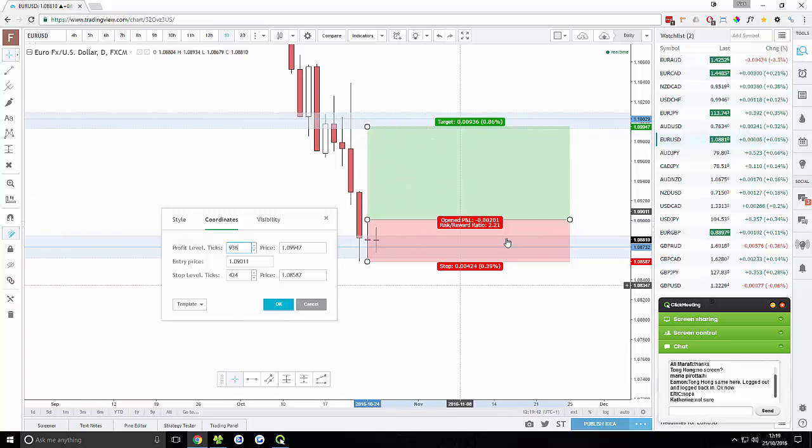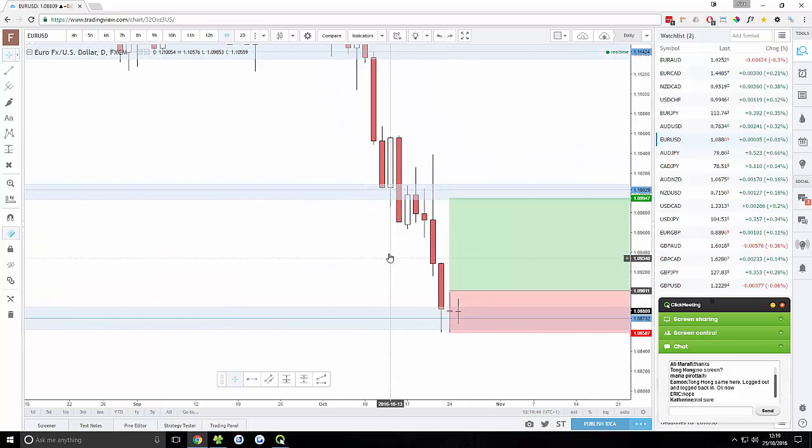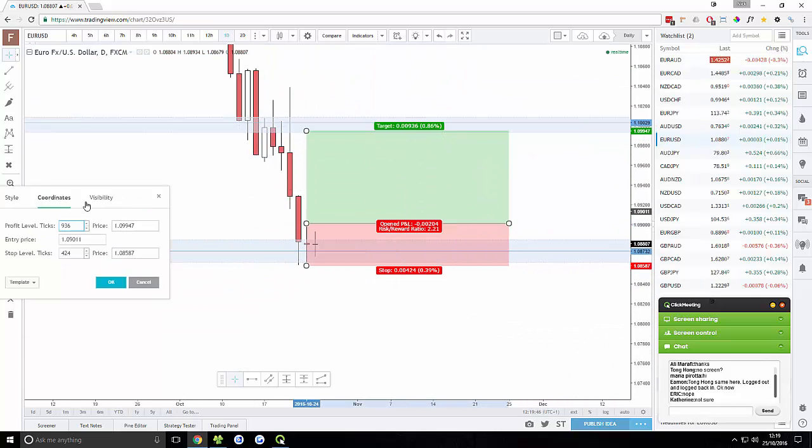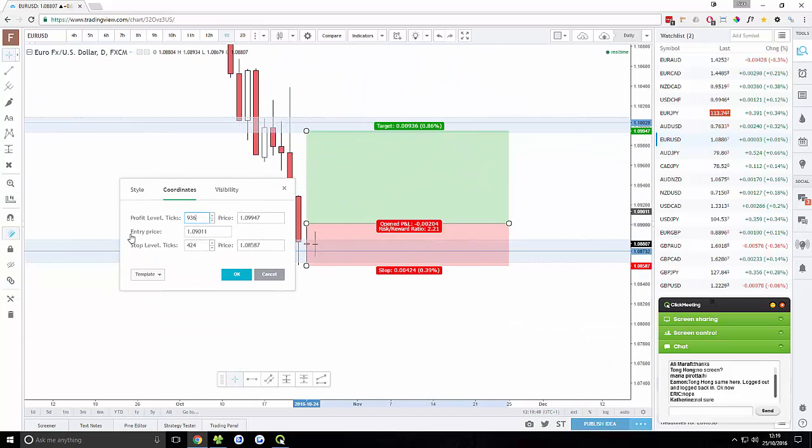But just as a rough guideline, I would probably trade at something like this. So my entry would be around about 1.090. My target would be around about 1.0994, and my stop would be around 1.0858. So those are just rough numbers, but yeah, it looks pretty decent.